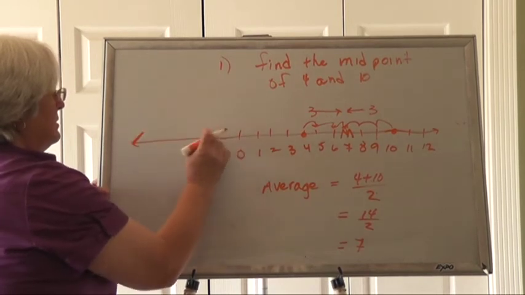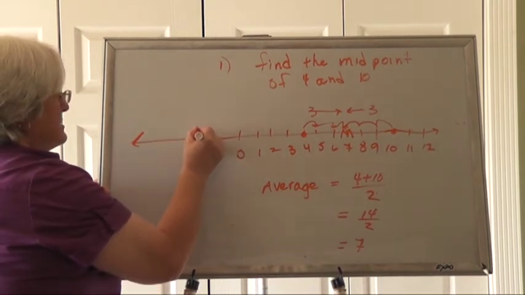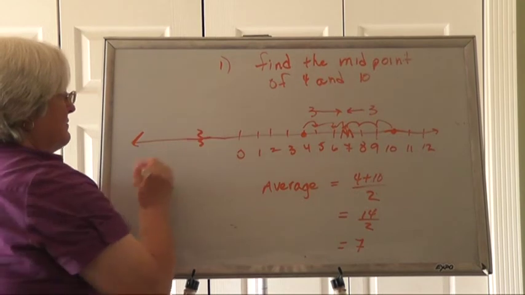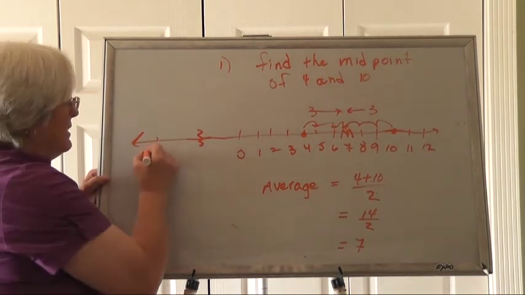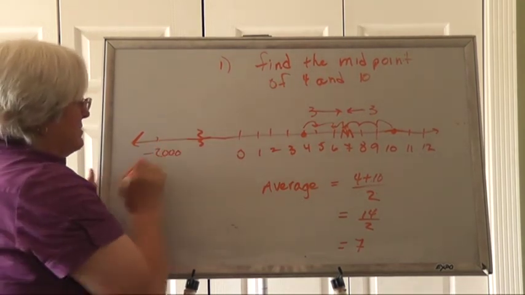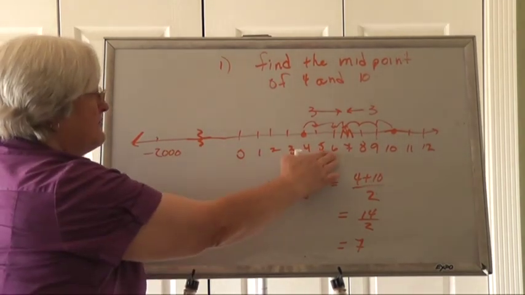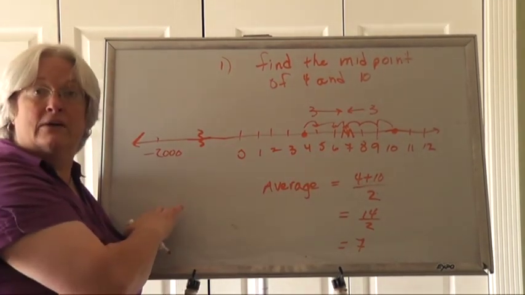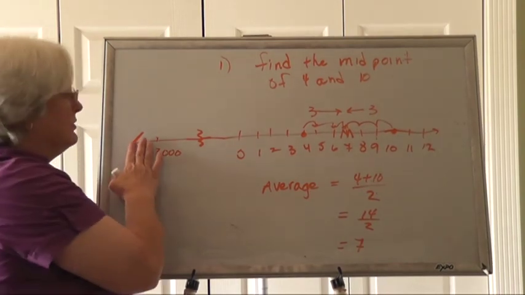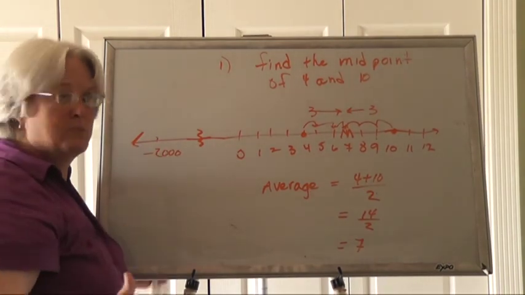let's say if I do this, that means that I've got a break in the number line. If I have negative 2,000 clear over here, which is bigger, 5 or negative 2,000? Well, even though if you look at 2,000 by itself and think, oh, that's bigger, it isn't.